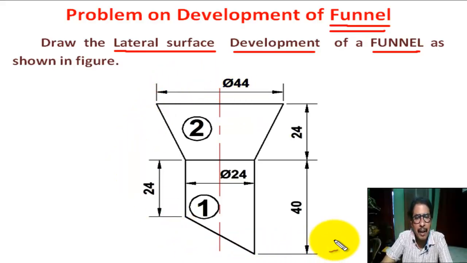This is the figure of funnel. All detail dimensions are clearly given. This is part 1. This is cylindrical shape. This is part 2.